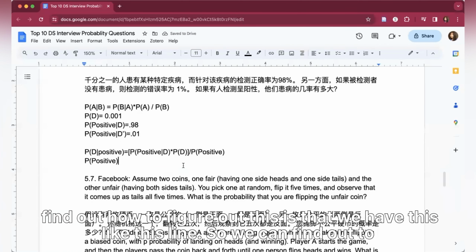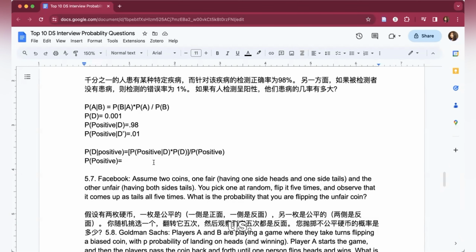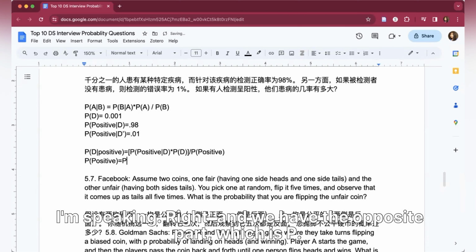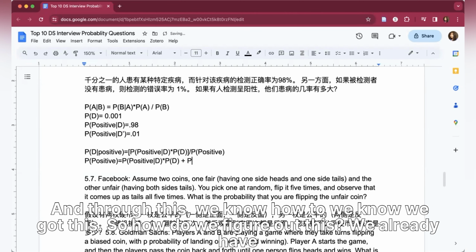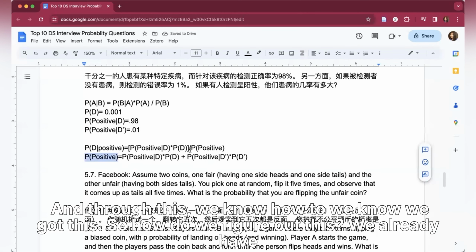How to figure this out: we have this line, so P(positive) equals P(positive | D) times P(D), and we have the opposite part, which is P(positive | not D) times P(not D). Through this we can get it.